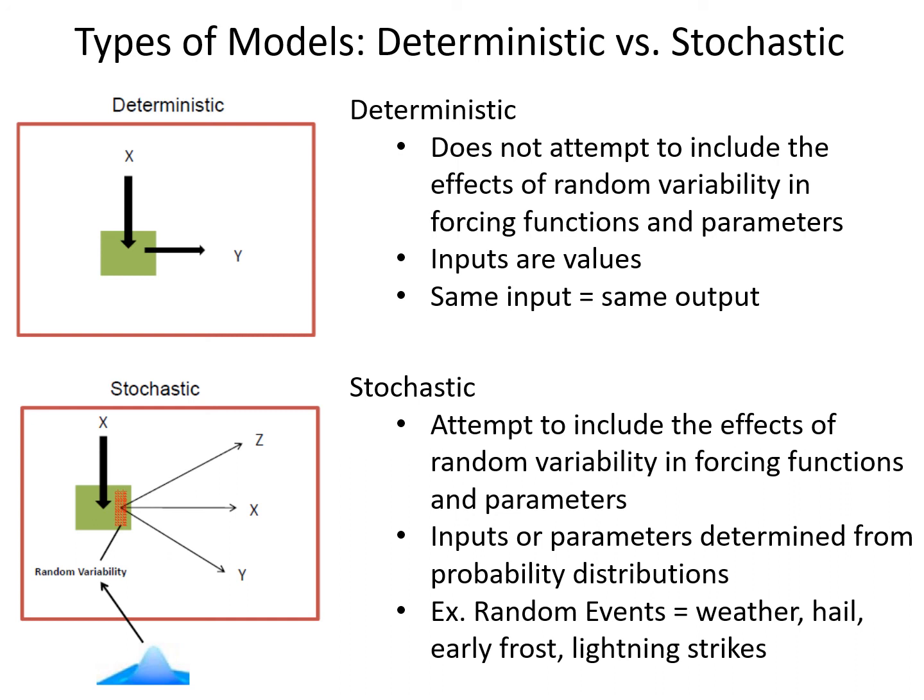Deterministic versus stochastic models. A deterministic model does not attempt to include the effects of random variability in forcing functions and parameters. The inputs are just values, and the same input into the model is going to give you the same output every time. A stochastic model attempts to include the effects of random variability in forcing functions and parameters. So you might have an input of sunlight.